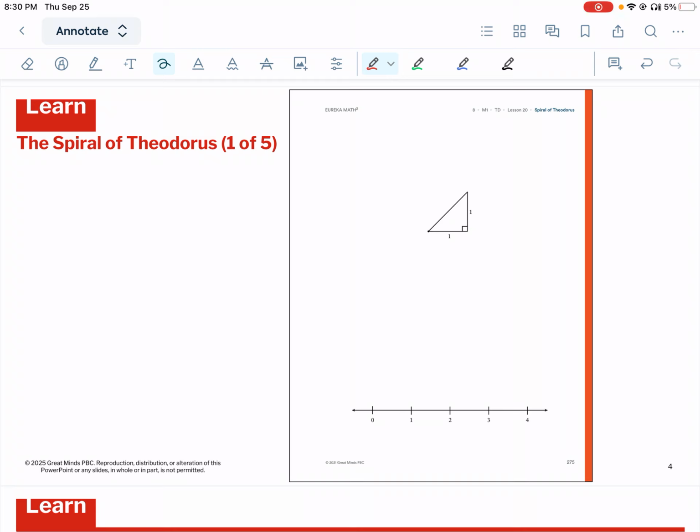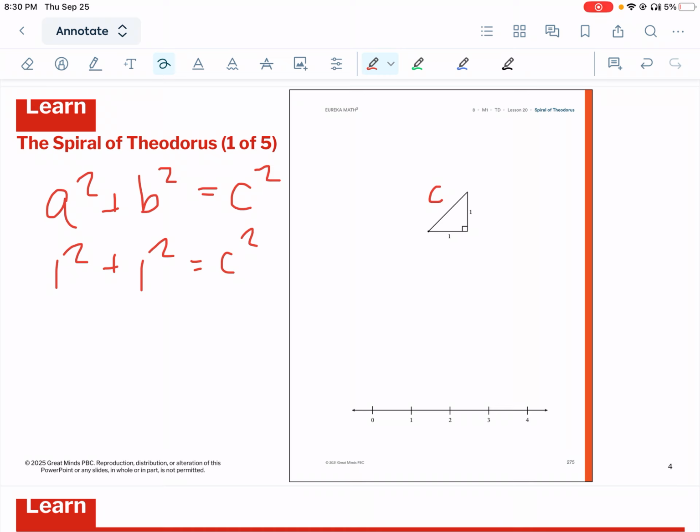I can tell you now that for our c values, you can remember from our Pythagorean theorem lesson, a squared plus b squared equals c squared. Here's our right triangle. We're going to find the value of c, and we can already decipher that 1 squared plus 1 squared equals c squared.